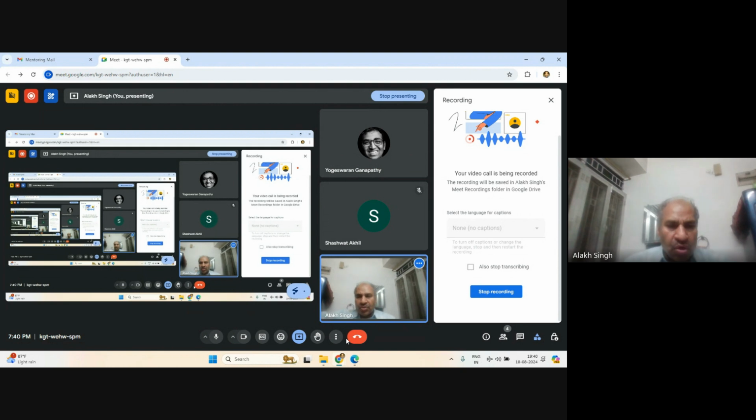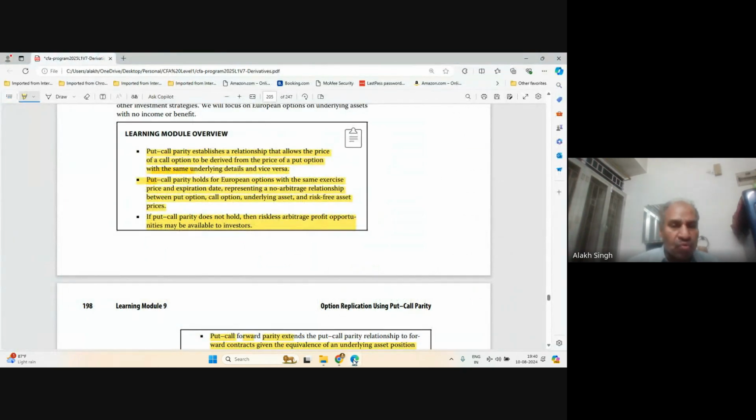Okay. So this put call parity is based on two more assets. One is the underlying, meaning the stock itself, and the other is a risk-free bond. When these two are combined with put call parity, they prepare an equation that makes put call parity arbitrage free.